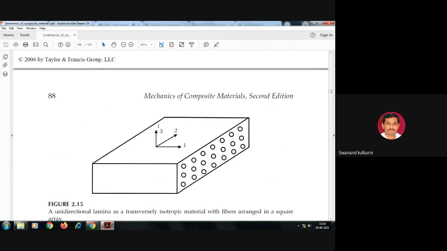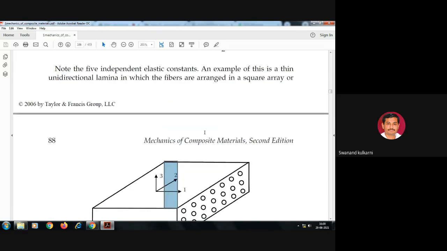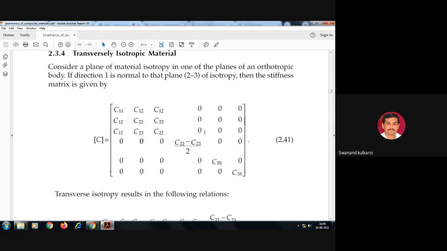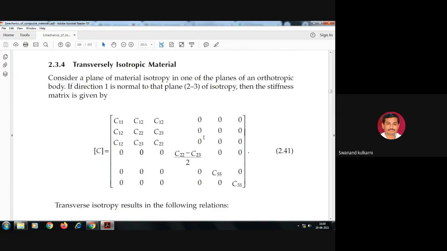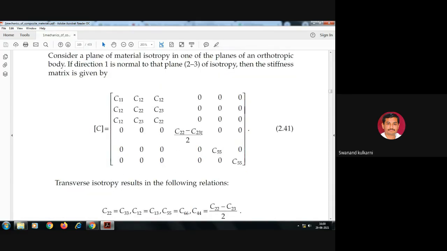In the first case, in all directions the properties were different. In monoclinic, one plane of symmetry was there; in orthotropic, two planes of symmetry were there. Now if we consider the symmetry from this corner to this corner, in the transverse direction these are isotropic.